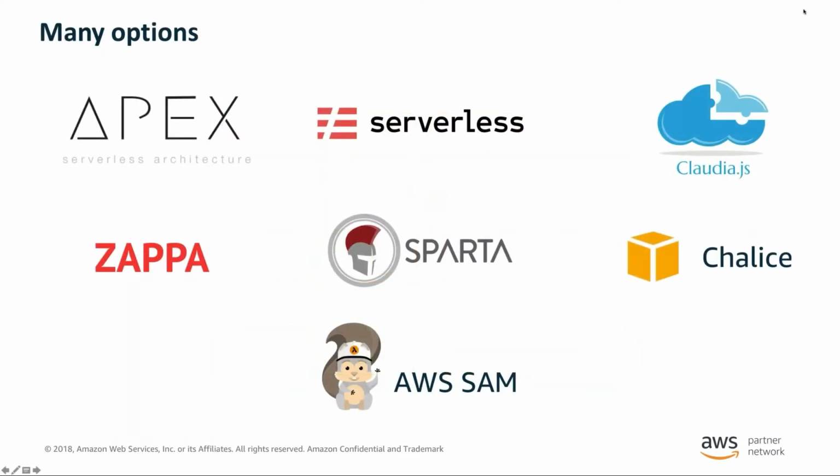So as we talked a little bit, I jumped the gun on this piece, talking about some of the other options besides just using AWS SAM. There are a number of different open source options that I've listed out here that you can take a look at. Each one of them has a slightly different spin and different take on how to help manage the organization and deployment of your serverless application.